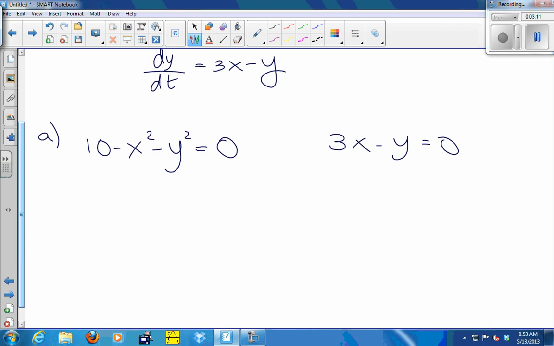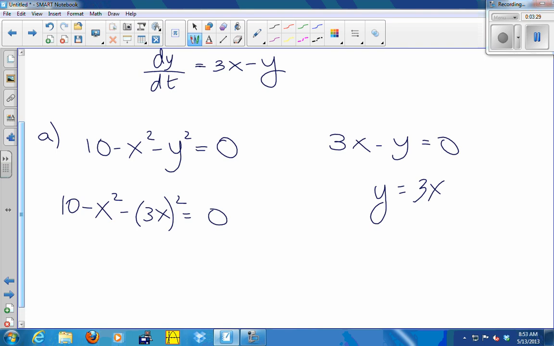All right, so we have a nice linear equation over here. Y equals 3x. Take your 3x, plug it in for y in the other equation. Okay, so we have 10 minus x squared minus 9x squared is minus 10x squared.